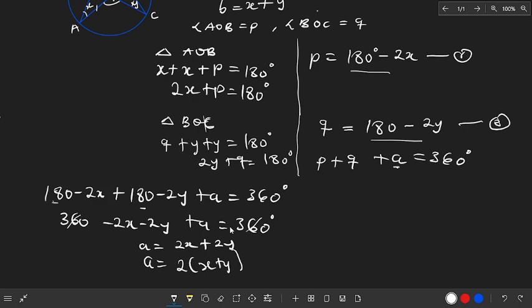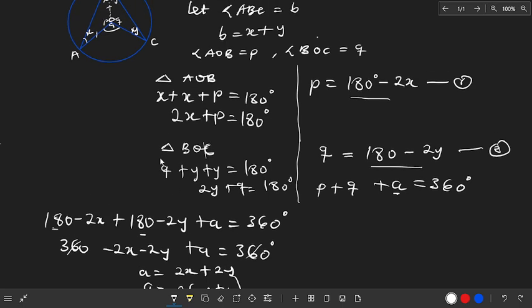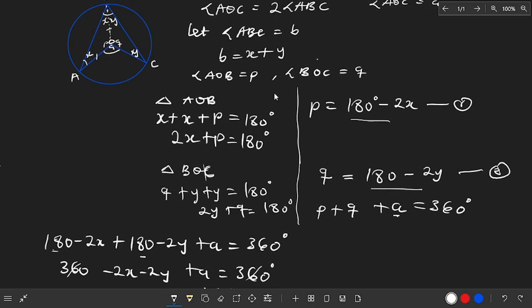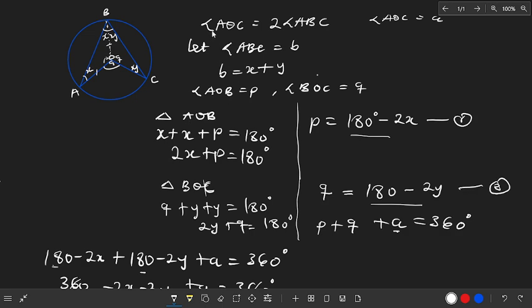Now let's look at something here. We said that the angle we wanted to show is that angle AOC is equal to 2 times the angle ABC. Now our angle AOC, we used A to represent it.